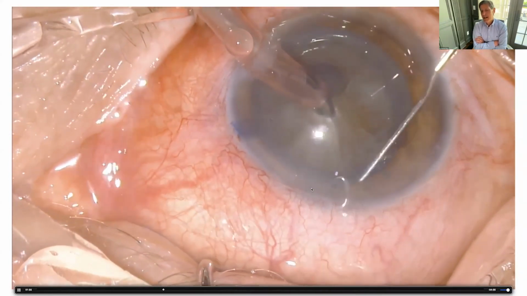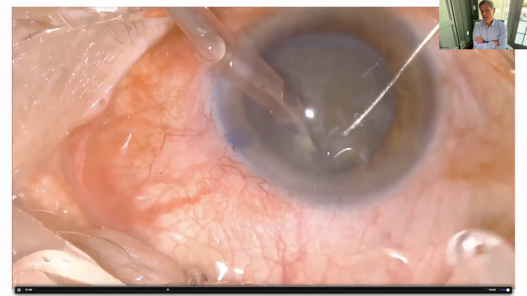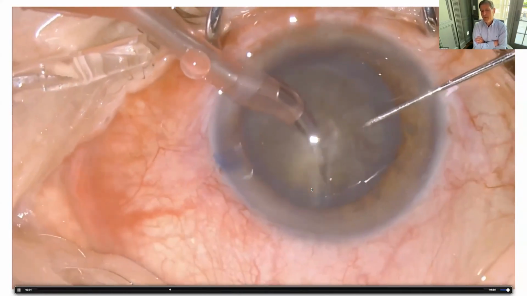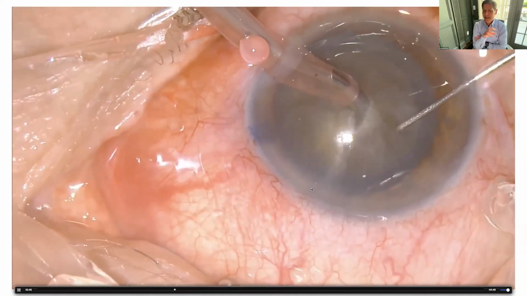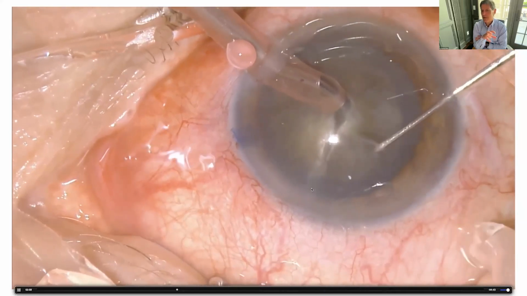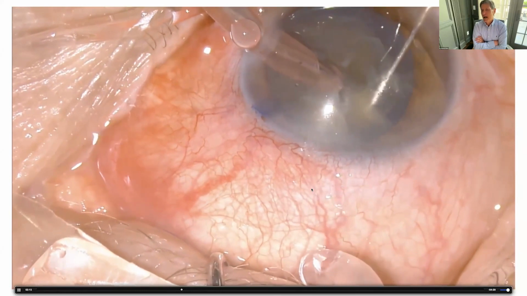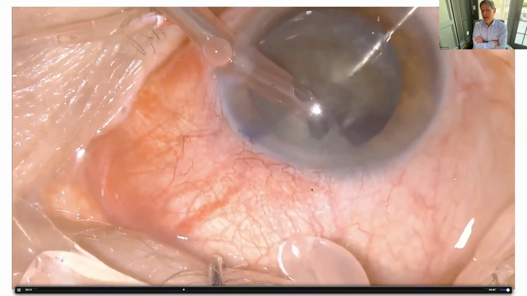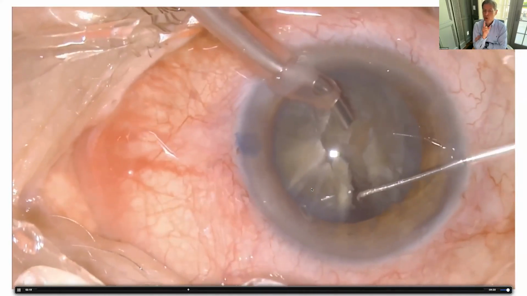Here, as I said, we embed ourselves in the center. We don't have to go all that deep. A rule of thumb: if I find that the phaco tip embeds in the nucleus, then the probability that I can chop it is very high. As you can see, again, we use high power, no torsional.